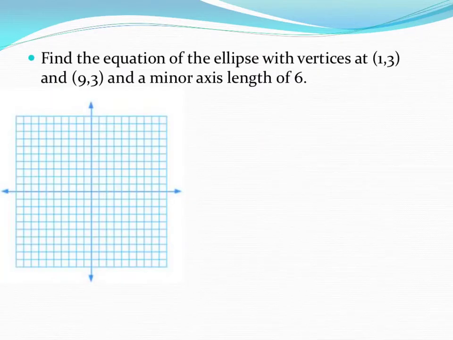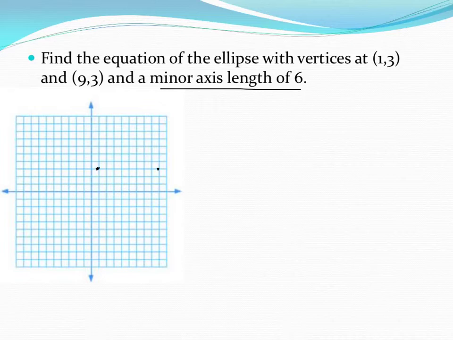Just like we did with our circles and parabolas, we're now going to look at an example where we write the standard form equation of an ellipse based upon information about it. And just like before, plotting the actual graph is the best way to begin. So I'm going to start by plotting the two vertices, one at 1, 3, and one at 9, 3. Before I go and start using this minor axis length of 6, though, I want to find out what the center point is.